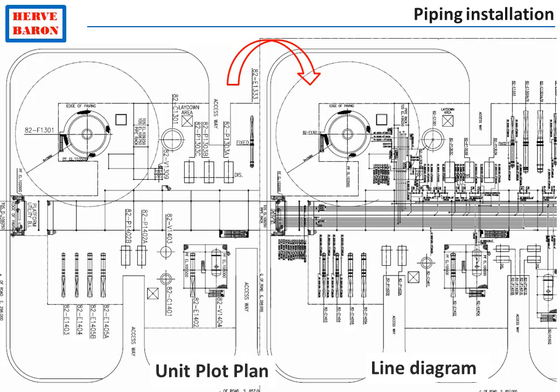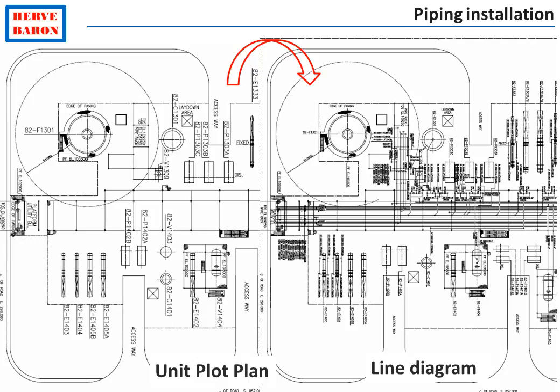It shows the routes of all the lines, and therefore it is sometimes called the piping routing drawing. As each pipe is shown as one line without taking into account its diameter, these drawings are called line diagrams.